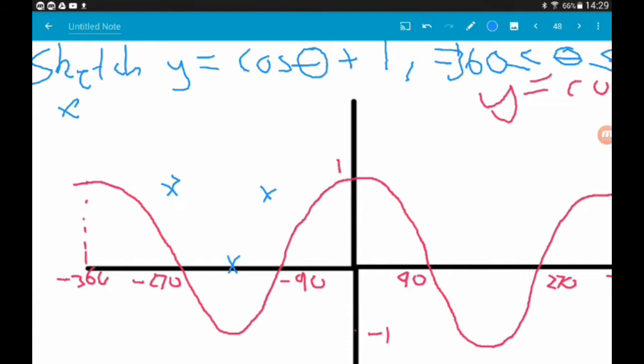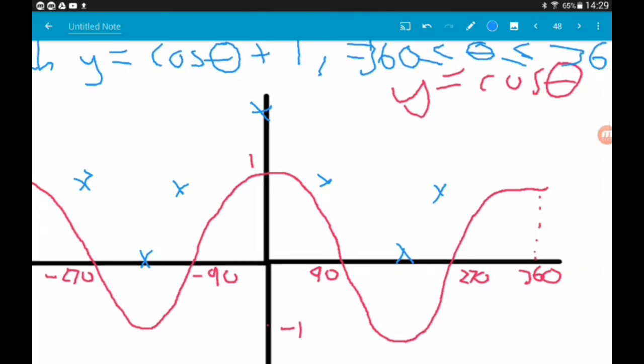The y-intercept is going to be up at 2. And then the next x-intercept is going to be at 1. The trough sits on the x-axis. And the next intercept is at 1. And then finally, our last peak is up at 2.